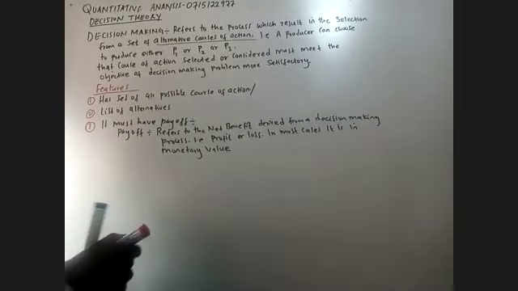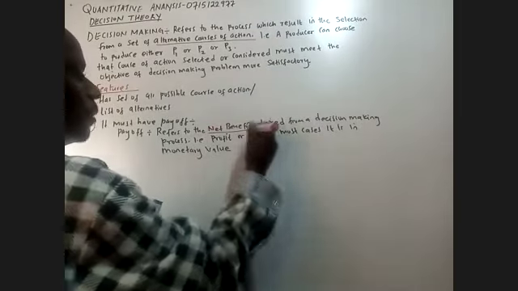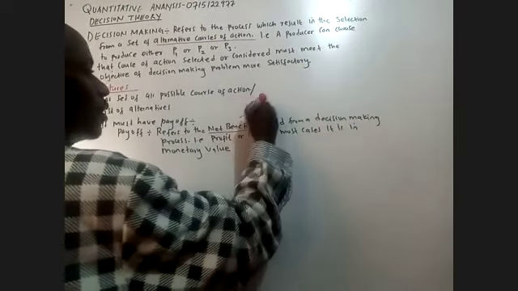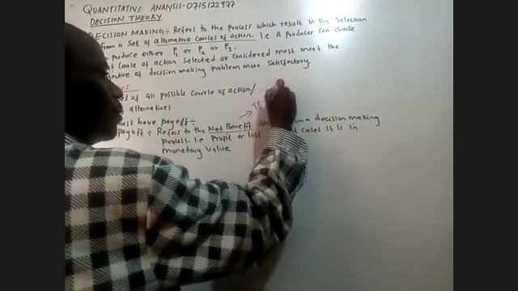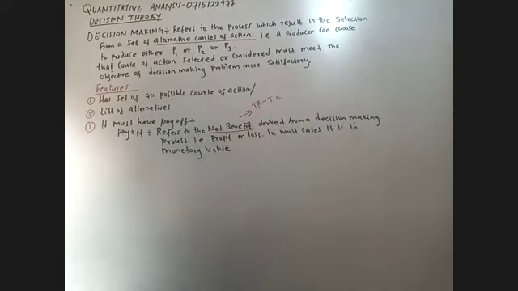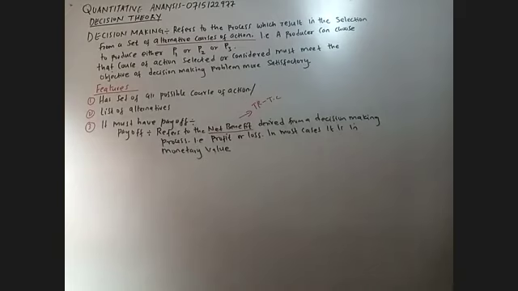So the keyword here is net benefit. Remember, when you talk about net benefit, you're talking about total revenue minus total cost. Either profit or loss.